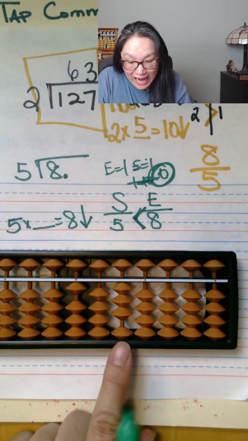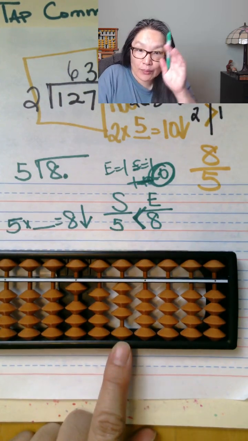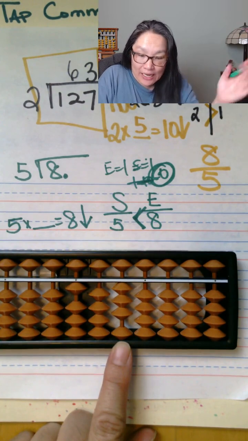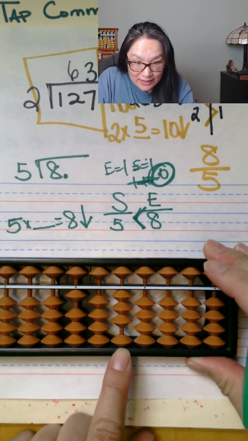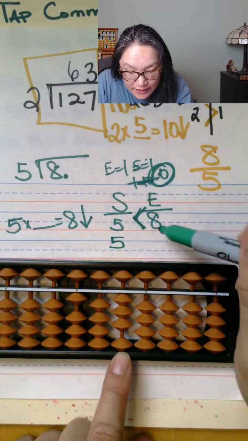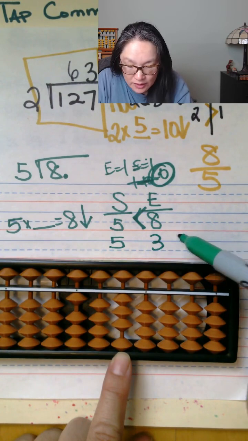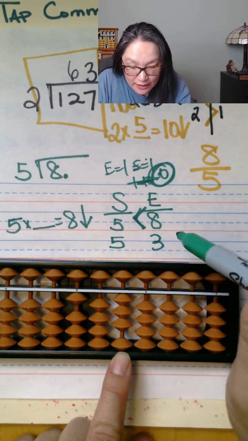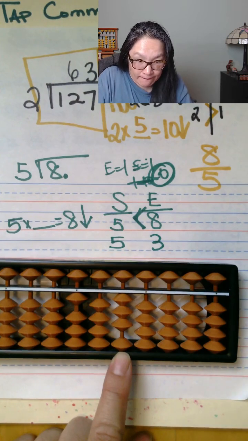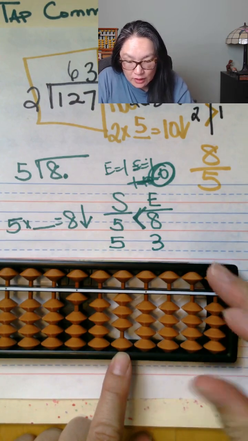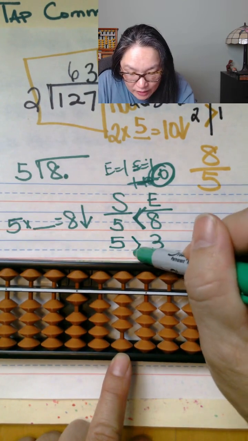Now what do? I still have dividends. I'm going to divide it out. What is left? 5 is my divisor. 3 is my dividend. So what do? Well, my divisor is bigger.